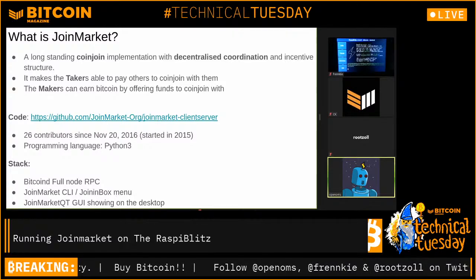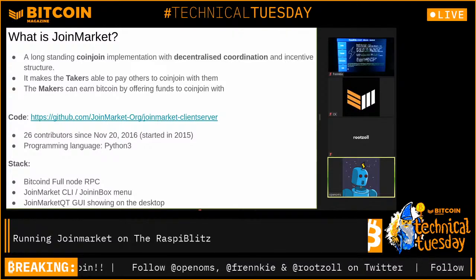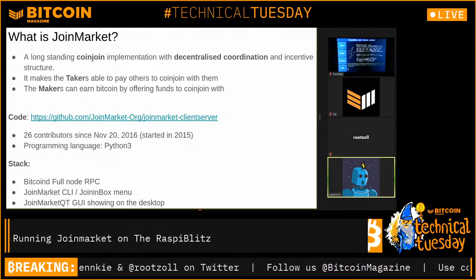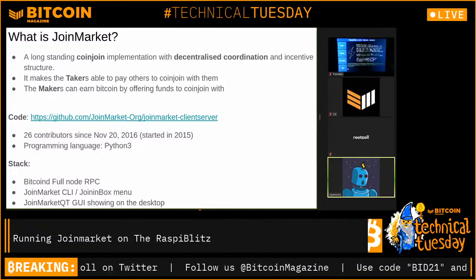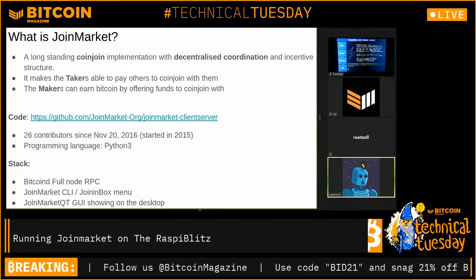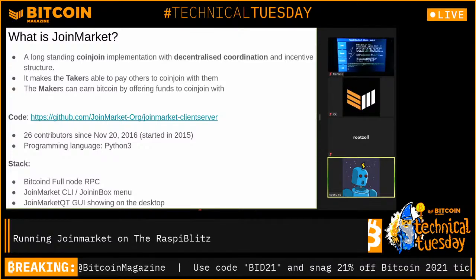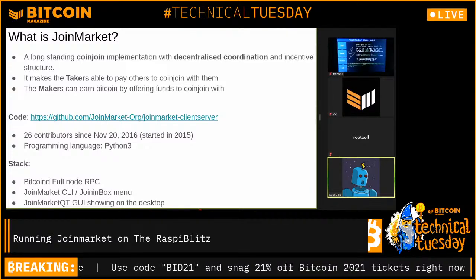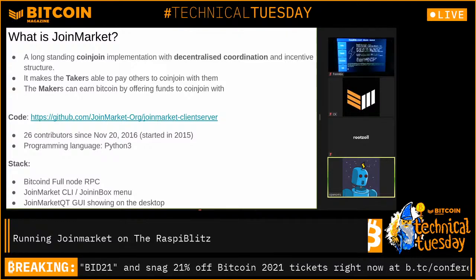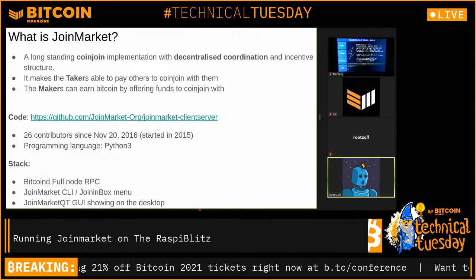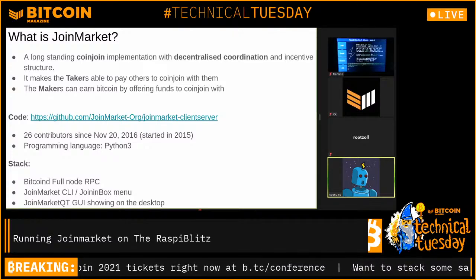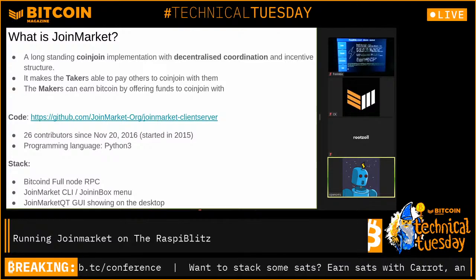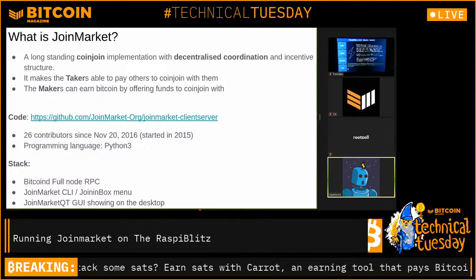By default, on the same machine, you would have the JoinMarket daemon and software running, which can be used with the command line interface, which is very closely related to what the JoinInBox menu translates into a Raspiblitz menu system. And then there's the JoinMarket Qt GUI graphical interface, which can be used on a desktop, and we'll go into detail with that later.